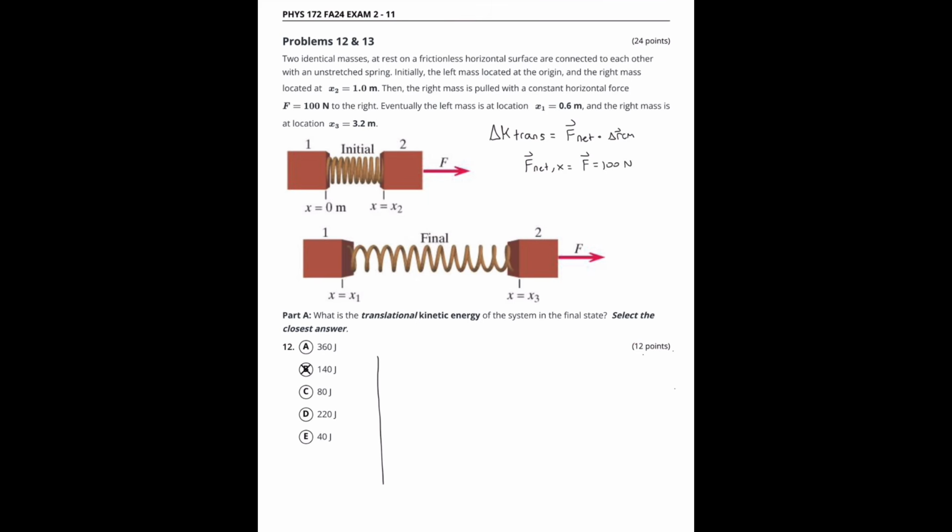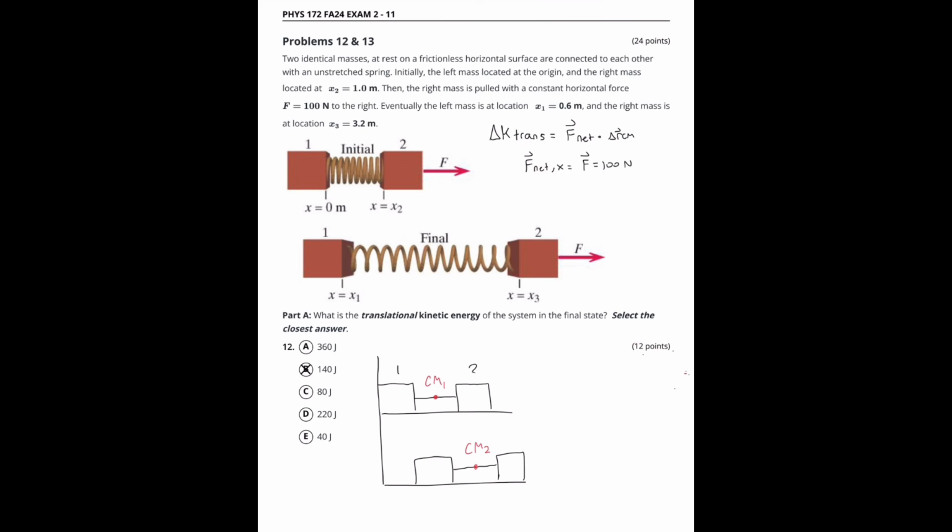To do that, I'm going to draw a quick sketch. The top half is going to denote our initial state. And suppose this rope I have here is our spring, for simplicity's sake. We have center of mass 1, let's call it that. And we have our final state, which is offset from that. And that will give us center of mass 2.